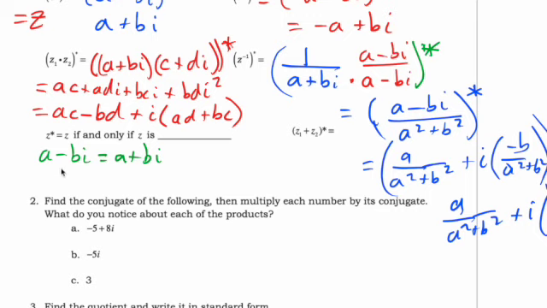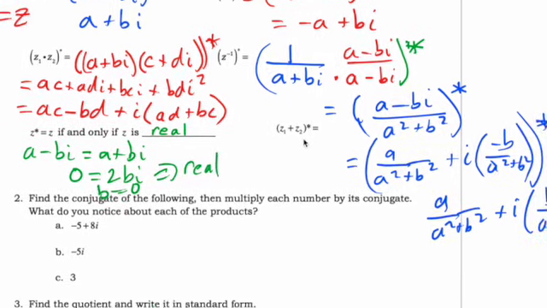And we can subtract a from both sides, and then we can add this to the other side. We get 0 equals 2bi. That only works if b equals 0, okay? Or in other words, this only works if and only if z is real. This implies it's a real number.